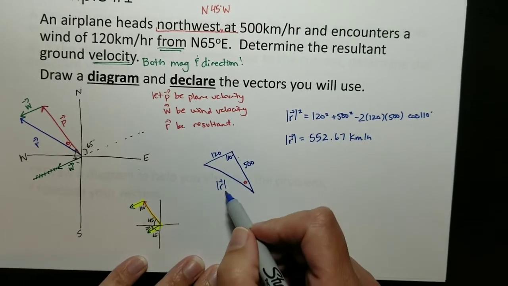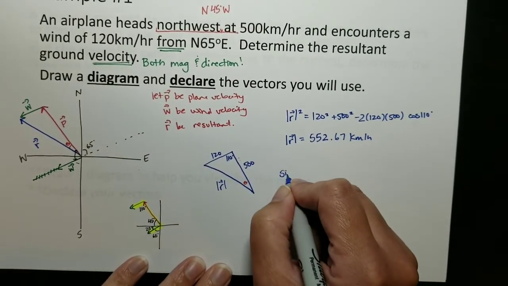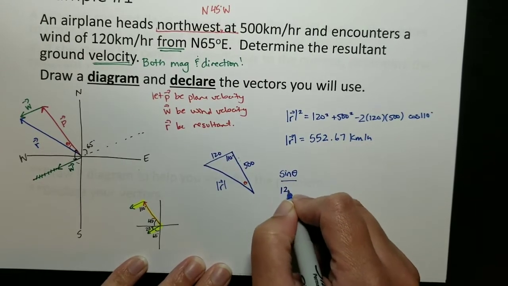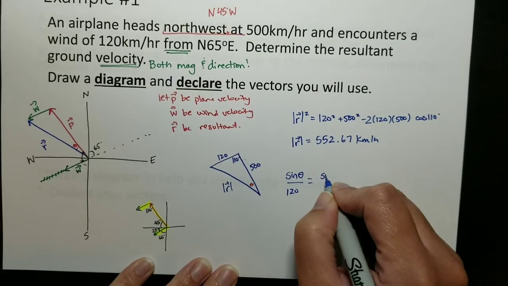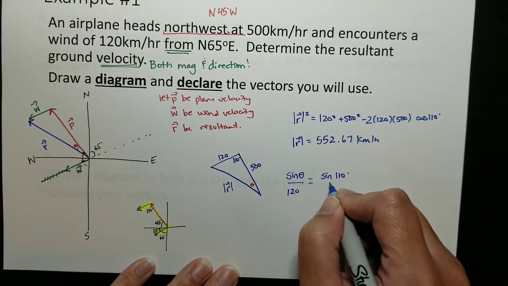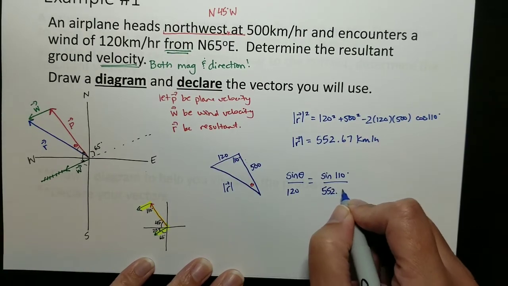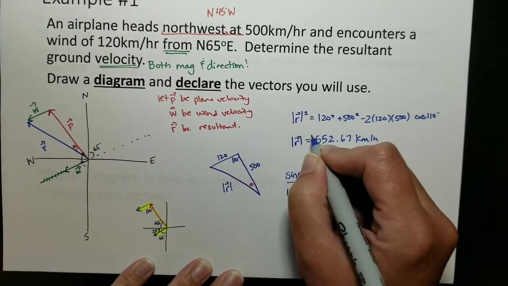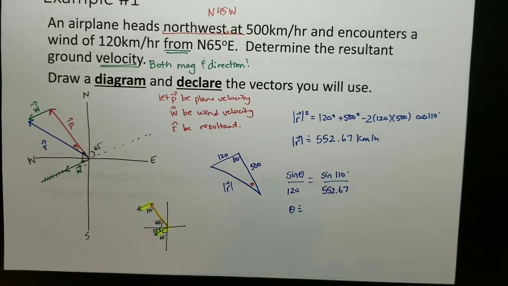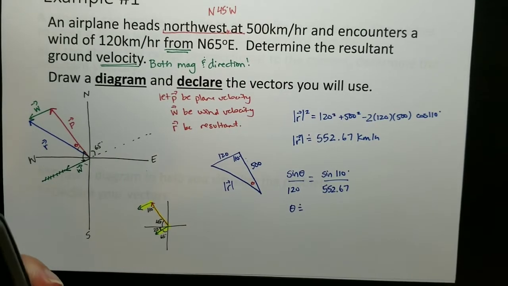So then using sine law, we've got sine theta over 120 equals sine of 110 over the resultant, which was my 552.67. Then calculate that out.